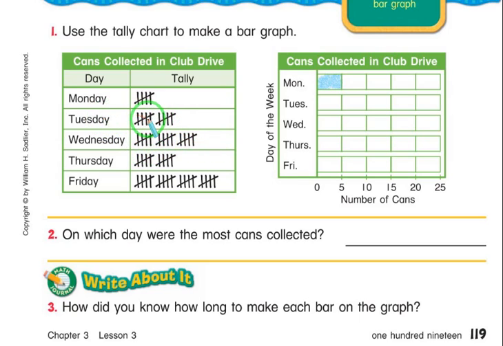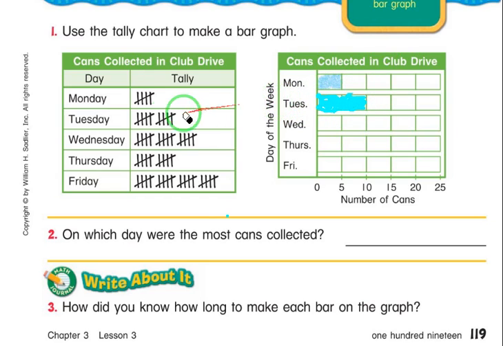We have Tuesday. We have 2 5s. So we need to color 2 squares. So we will color this one and this one. For each 5, we color 1 square. So we colored these 2 squares representing 10 cans.